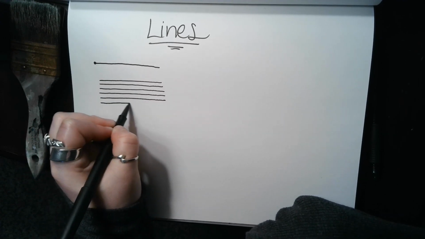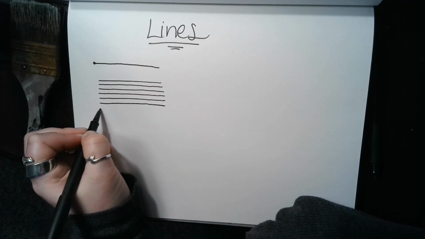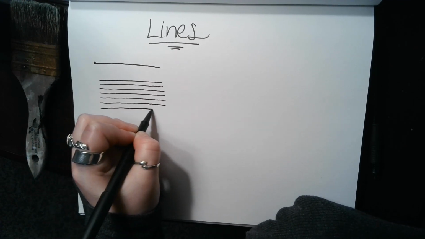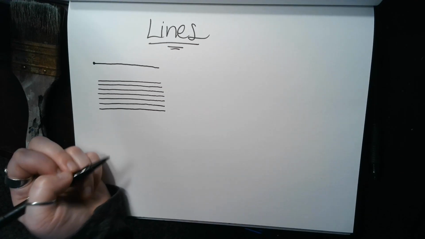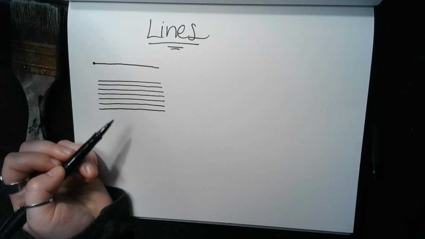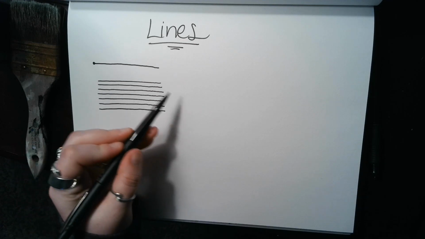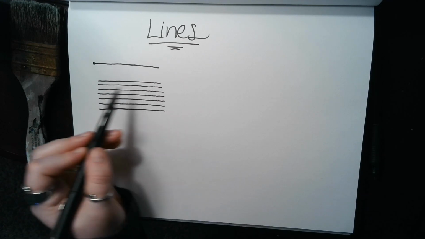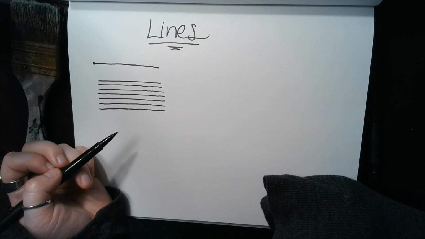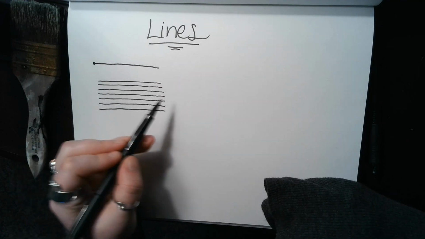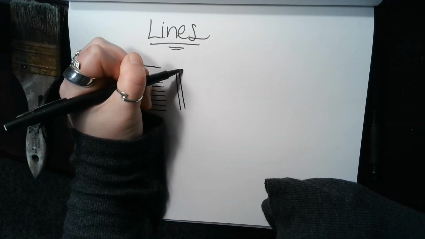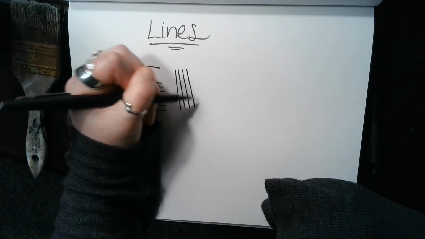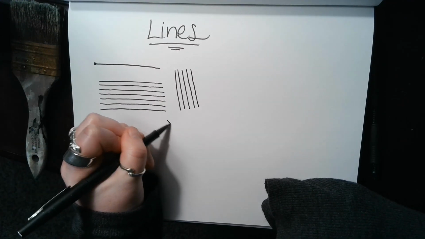This is just working to steady our hands so we can create nice smooth lines with even space in between. So these are straight lines. You can have straight lines going vertically. You can have straight lines going horizontally and vertically. You can have lines going diagonally.